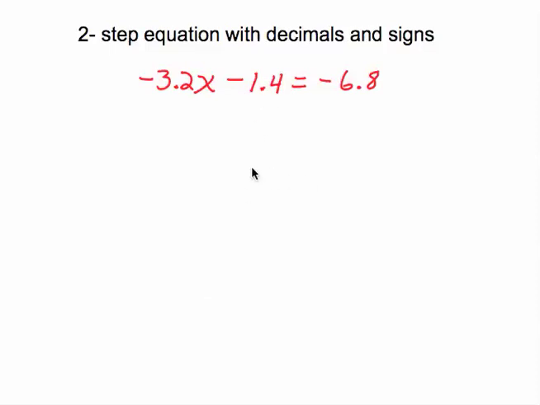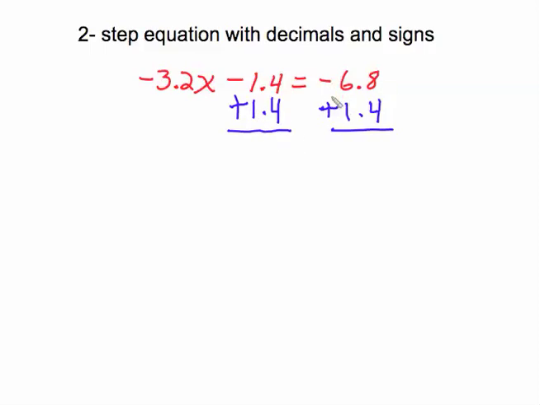And to undo minus 1.4, we need to add 1.4, because that's the inverse operation. The inverse of subtraction is addition, and when you put the inverse down, it makes it zero out for addition and subtraction. Now we put 1.4 down here, we also need to add 1.4 to the other side as well to keep it balanced.